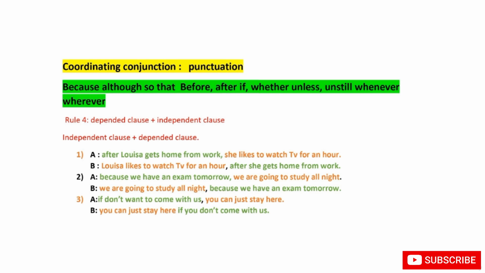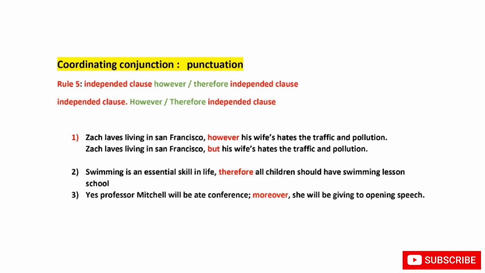Okay, now finally, let's turn to punctuation rules with conjunctive adverbs. Now you might be thinking, why are we talking about adverbs in a conjunctions lesson? Well, the reason is that some adverbs act like conjunctions, so we call them conjunctive adverbs.